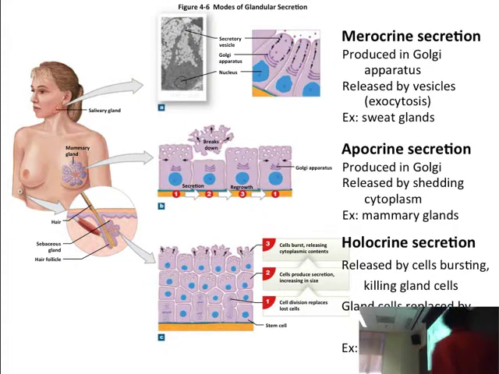In apocrine, what happens is we just break off the top and get rid of the whole top chunk, the whole apical surface of the cell. All right? So we lose plasma membrane in apocrine secretion. An example is mammary glands. So here's a cell. It's beginning to pinch off. This chunk comes out and begins to break down, and it regrows and continues this cycle.